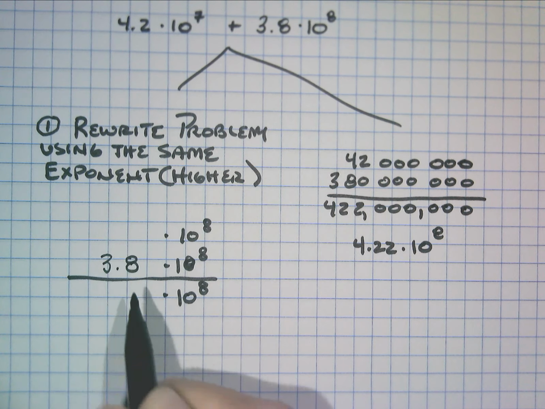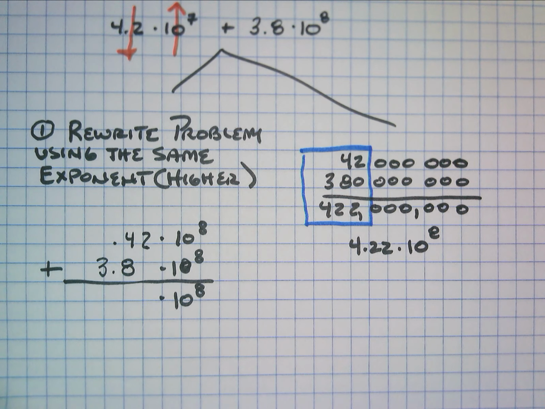Now, I want you to take a second to appreciate what just happened. When I wrote this out in standard notation, this is the way my numbers lined up based on our powers of 10.